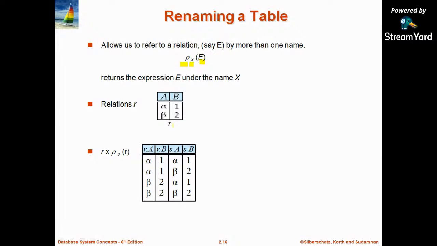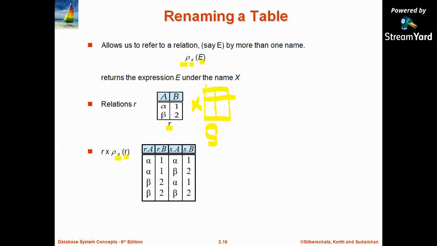Look at this example. The table R has two attributes. Now I would like to rename it. So I have renamed this table R with a new name, which is S. You can see that this is relation R. The same table again exists, which has A comma B, and it is renamed as S. Now you have to do the Cartesian product between these two.